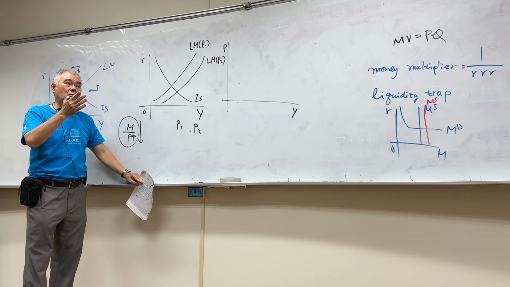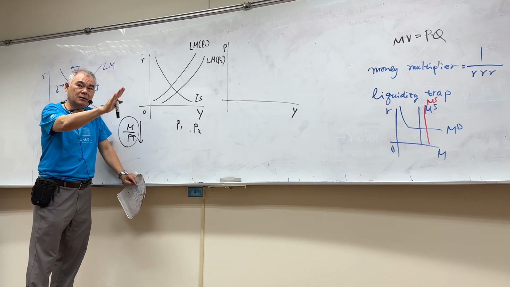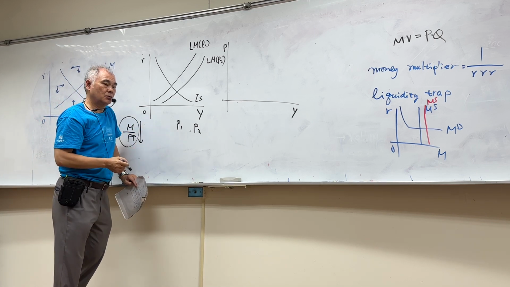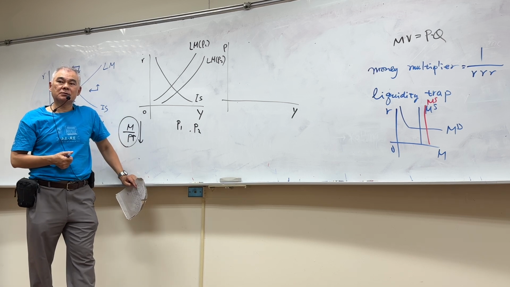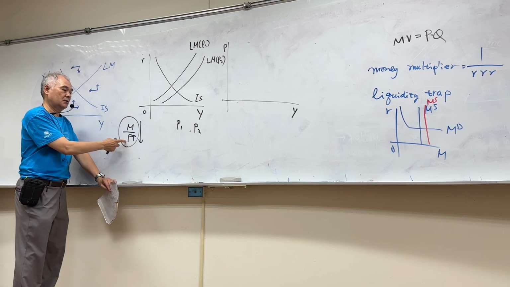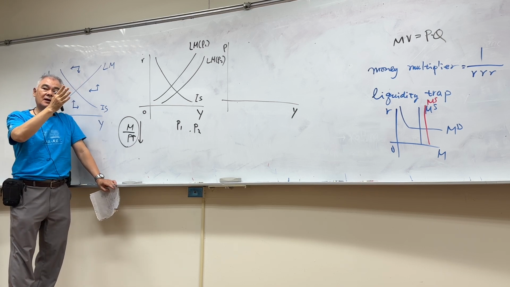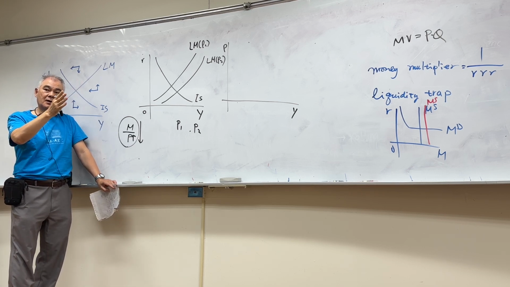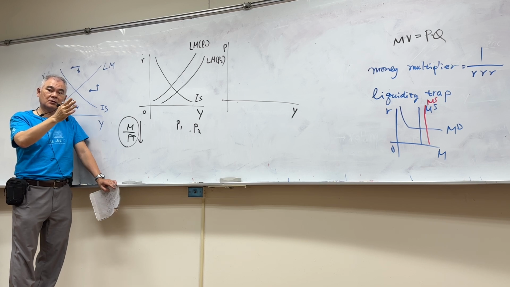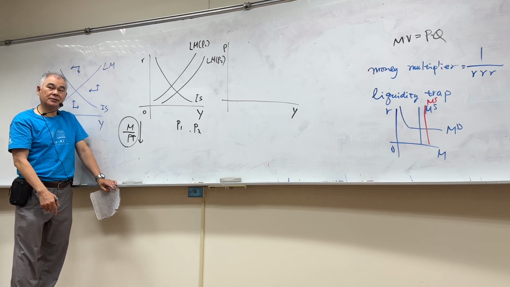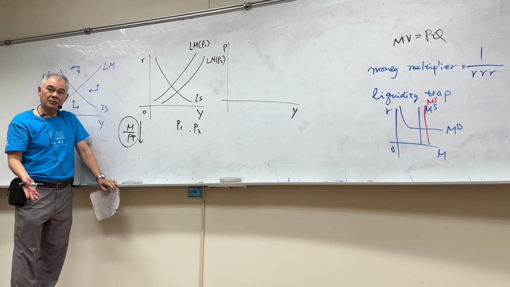We say when the LM curve shifts to the right, it means you have expansionary policy. You increase money supply, right? So in this case, P1 and P2, which one is larger? Look at here. If it is larger, it means it has a higher real money balance. So which one? P2. P2 is larger?